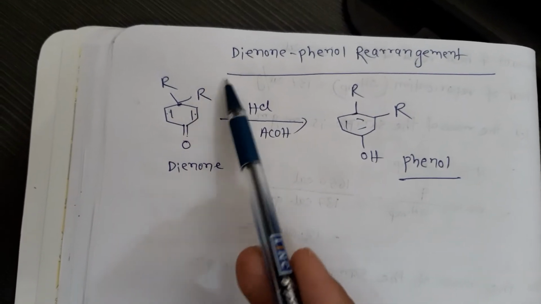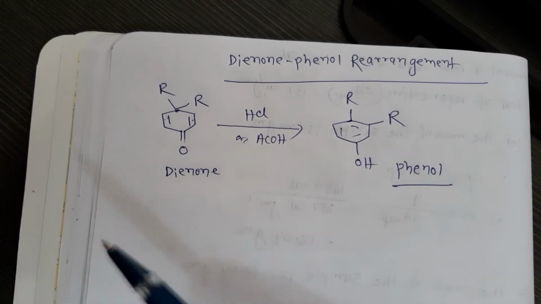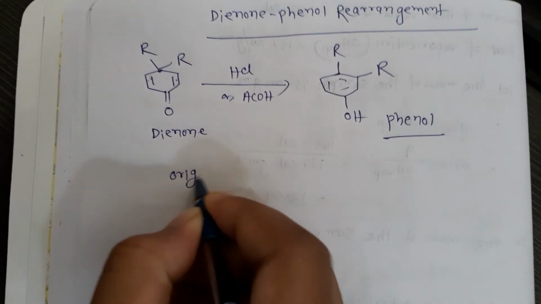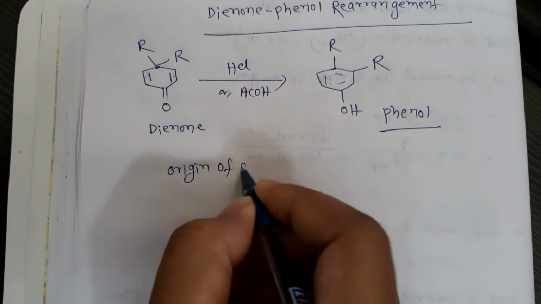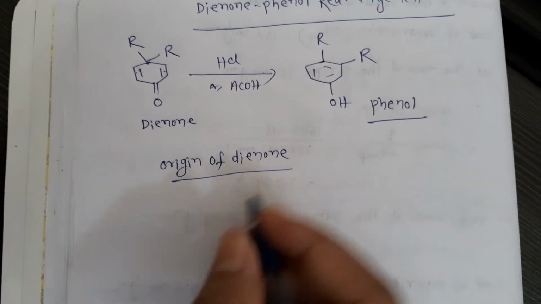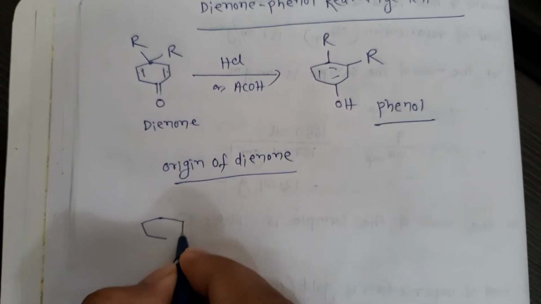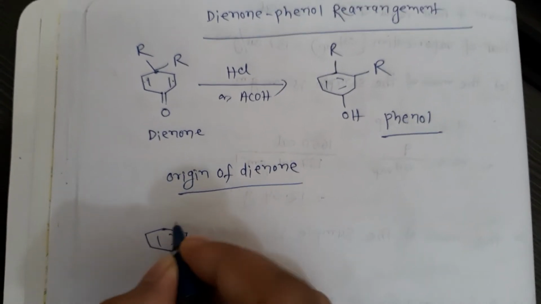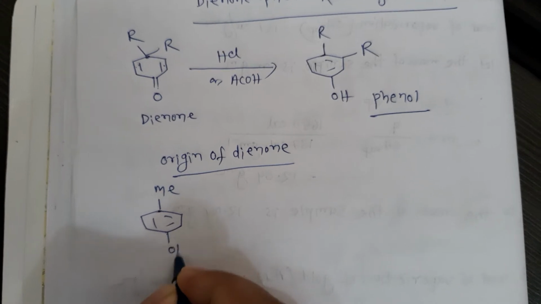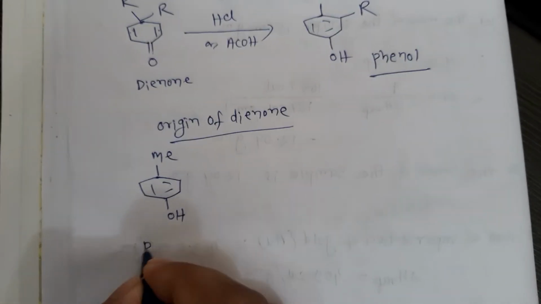Now from where we get this dienone? Let's see, origin of dienone. If we give here a methyl group and here OH, this is called para-cresol.